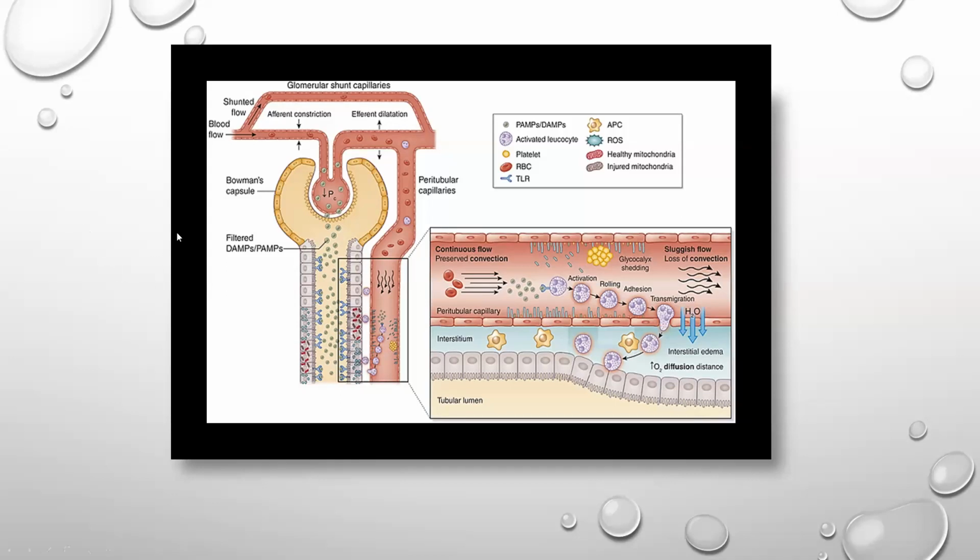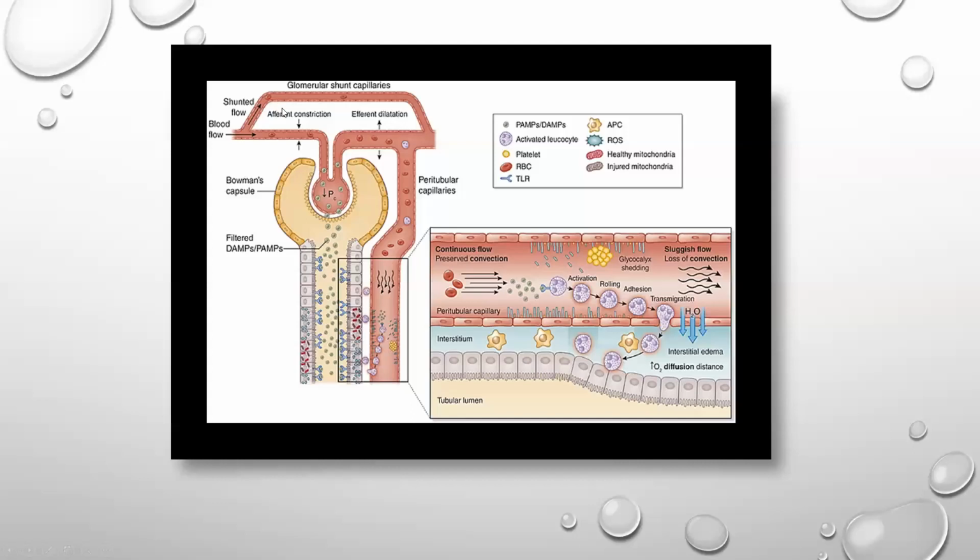But this one, I found it in PubMed, and it explained that here you have the blood flow in the afferent arteriole, and this is the efferent arteriole, and this is our glomerulus. So the GFR is dependent on the flow that comes to the glomerulus. So here, if you have constriction, what is going to happen? The blood will be shunted. So you have a glomerular shunt.